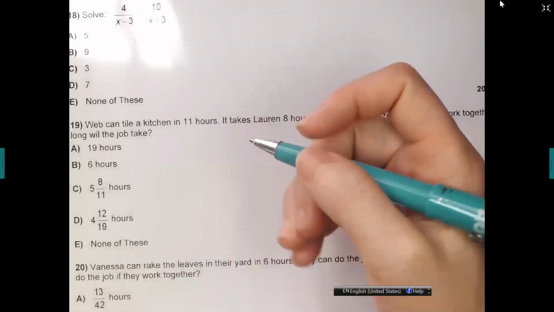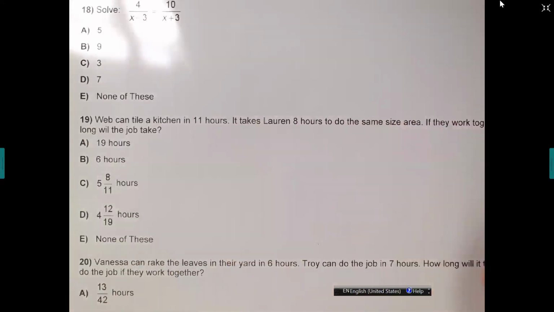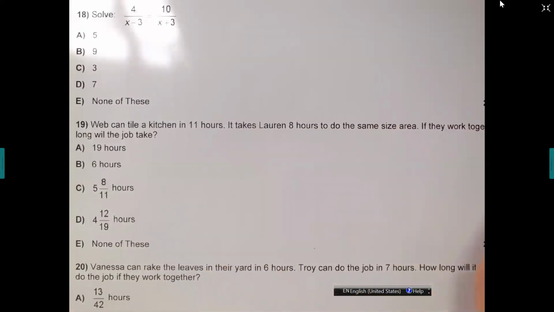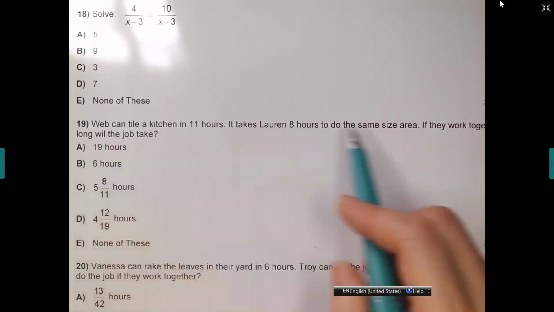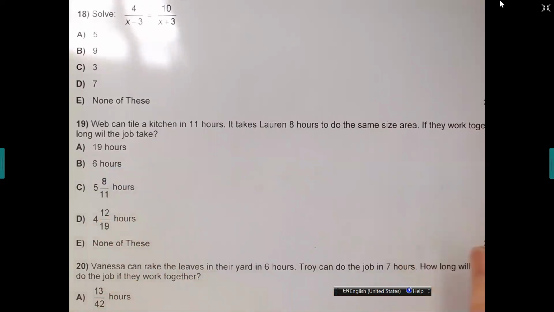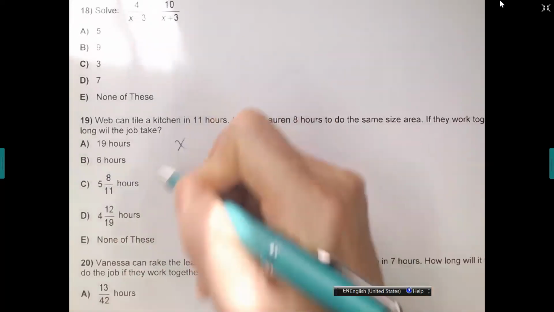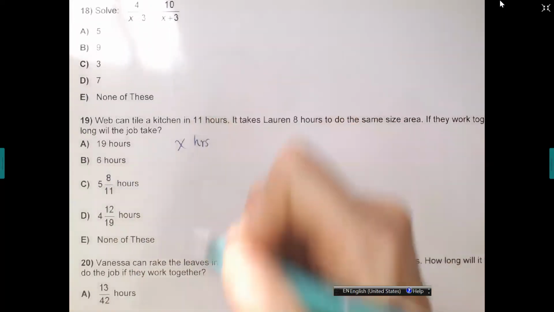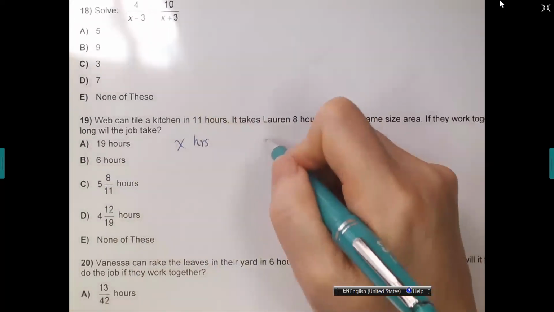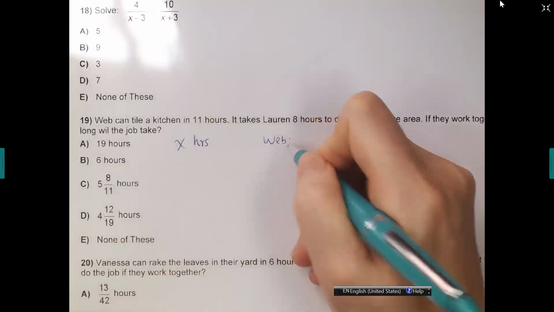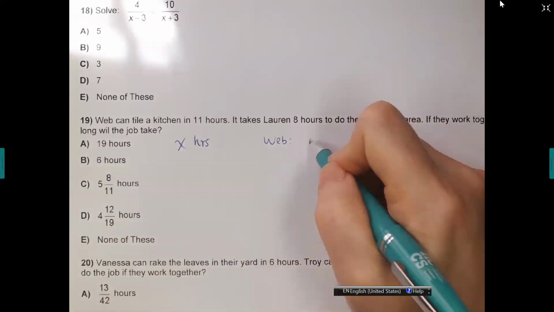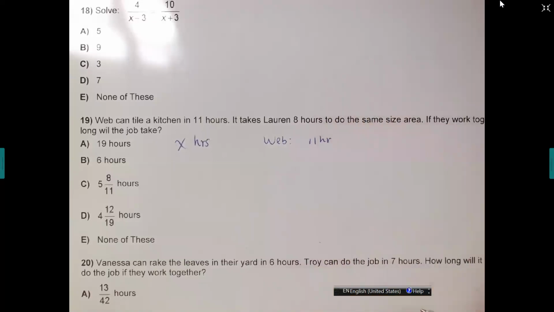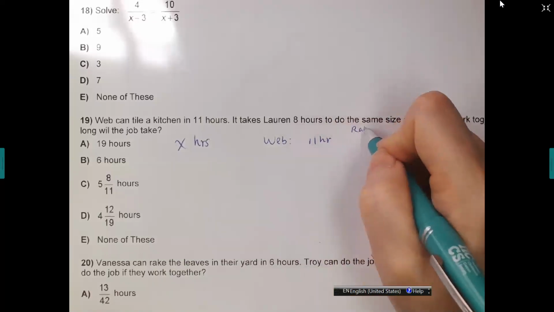To work on this problem, we always do this. First, assign a letter to the question. How long will the job take if they work together? I don't know, so I say they work x hours together to finish the job. Now for Webb, he used 11 hours in total, so in 1 hour we call this amount the rate.